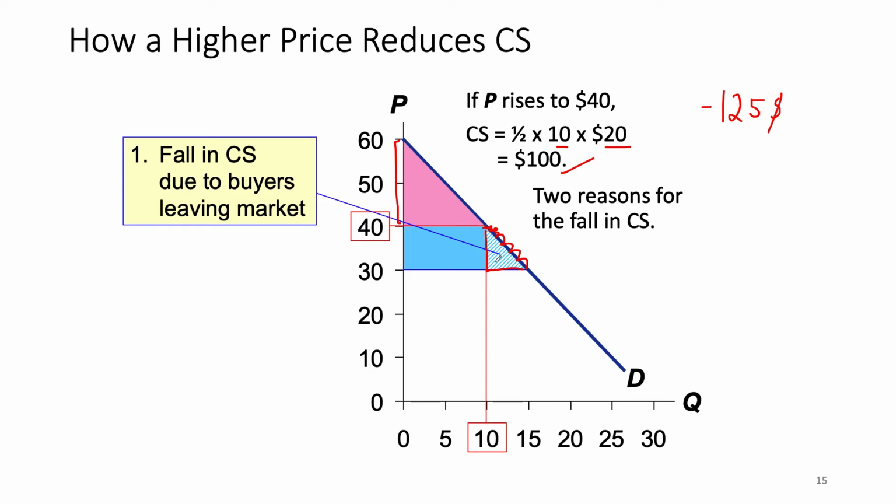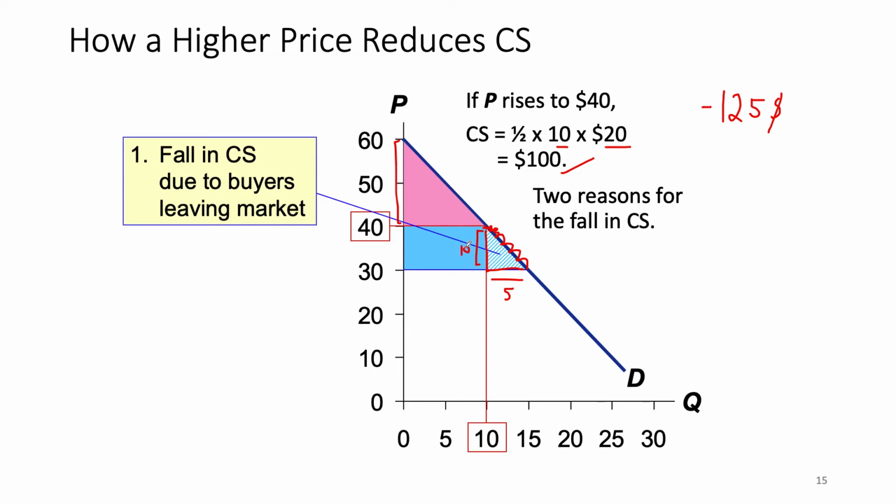Okay, so the size of this loss from consumers exiting this market, the size of the area of this triangle, is 1/2 times the height times the base. The base is now 5, right? Because the base is now 15 minus 10, which is 5, and then the height is 40 minus 30, which is 10.